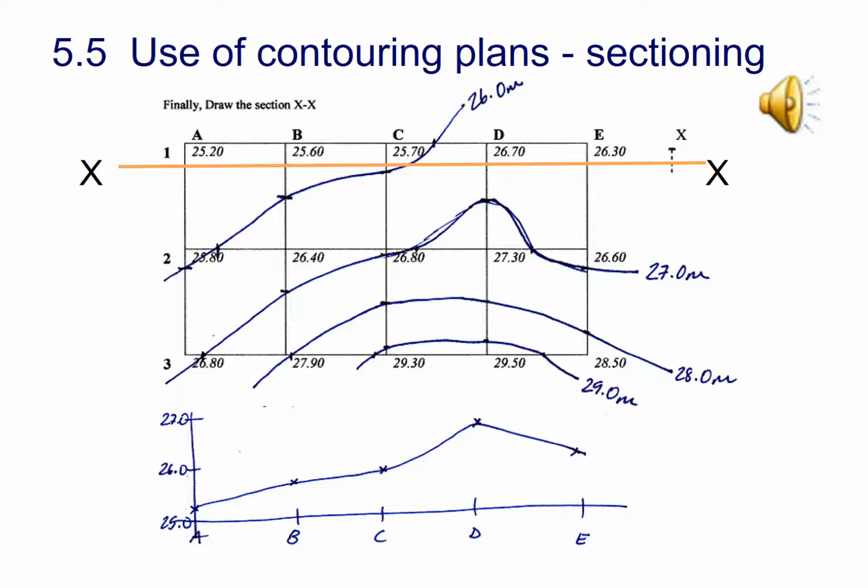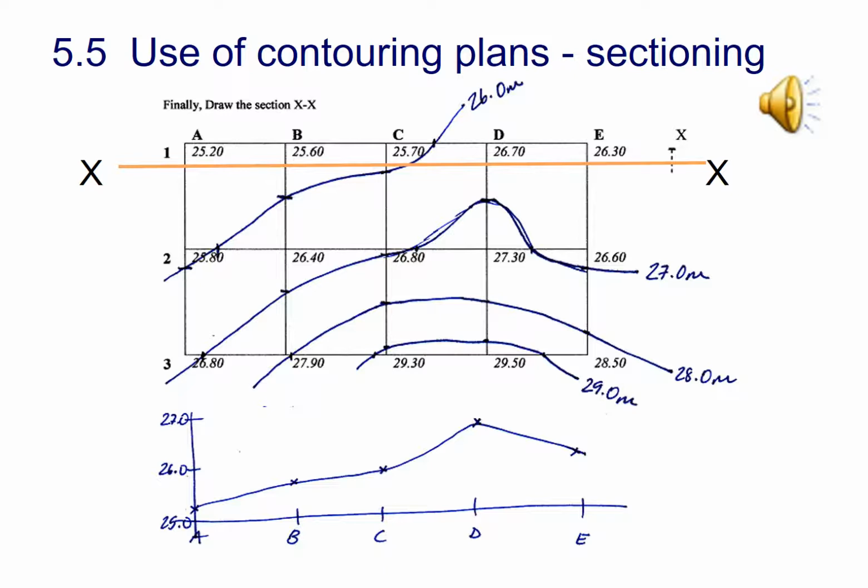What we're looking at here is both the plan, which is up at the top, and then section XX. So section XX, when we elevate that, we go from grid line 1A, 1B, 1C, 1D and 1E. The horizontal scale, as I said, is normally at 1 to 200 or to match your grid that you have the plan in. But you exaggerate the vertical scale.